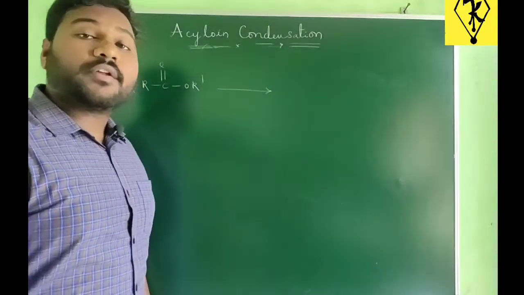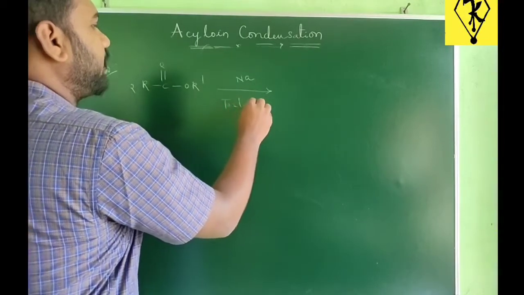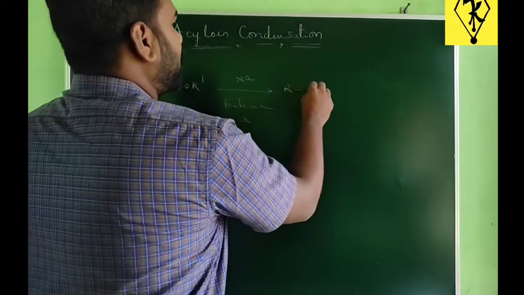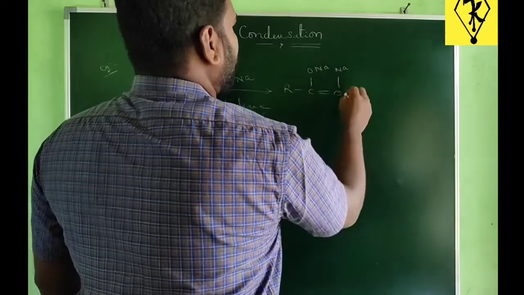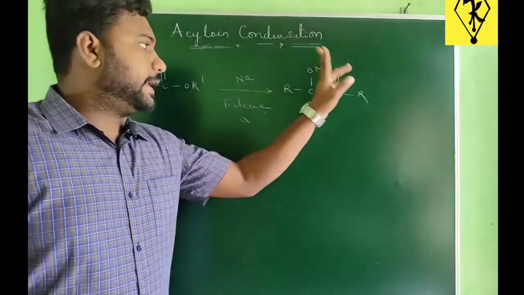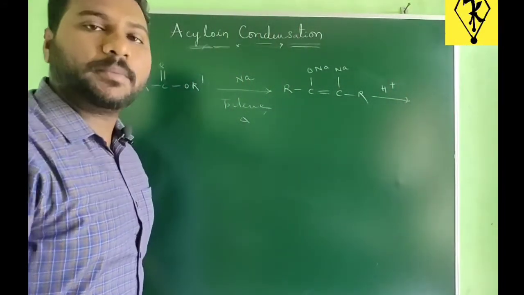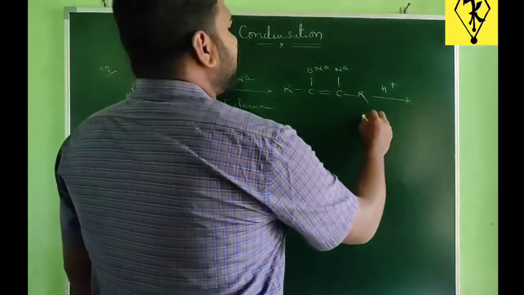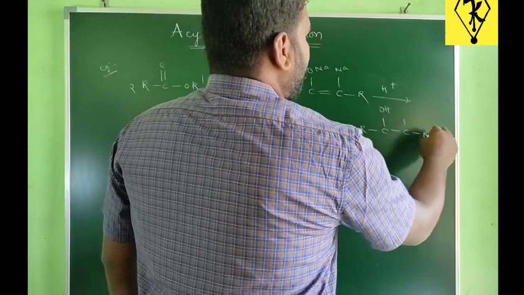This carboxylic ester on reacting with sodium in the presence of aprotic solvents such as toluene and on heating, first will give the sodium salt of enediol, and further this enediol in the presence of any protic solvent, that may be water or acetic acid, any acid we can take, finally will give alpha hydroxy ketone.